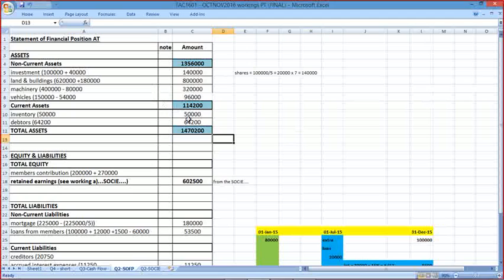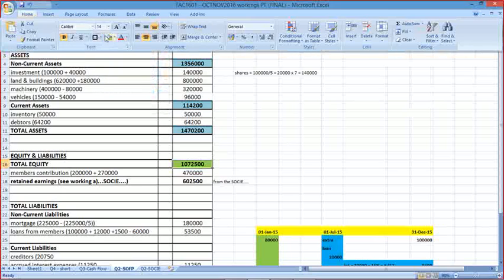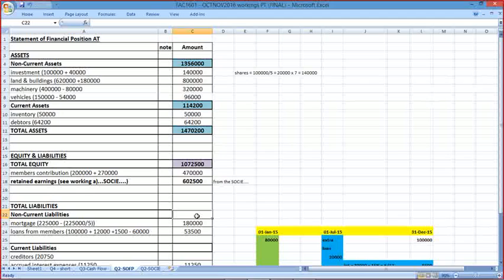Okay. Perfect. Members' contribution, just sum up those two. I get that total. Add up the equity. I get that. That's my equity. Okay, my non-current liabilities, sum up those two.